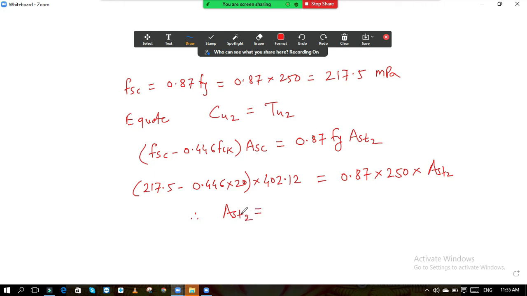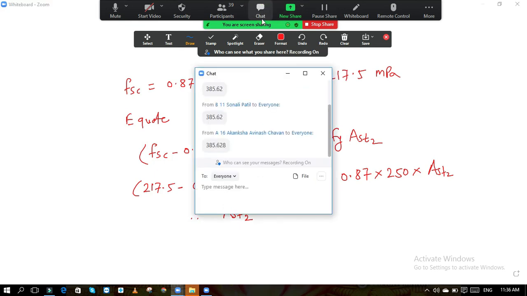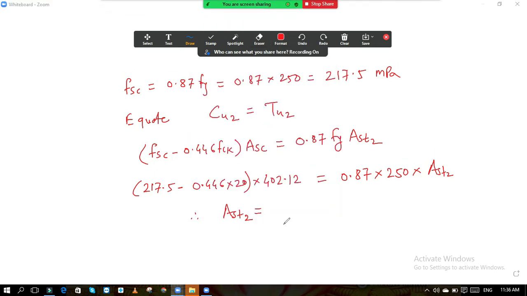So how much is it? The answer is 385.62 mm square. Okay, so this is my AST2.